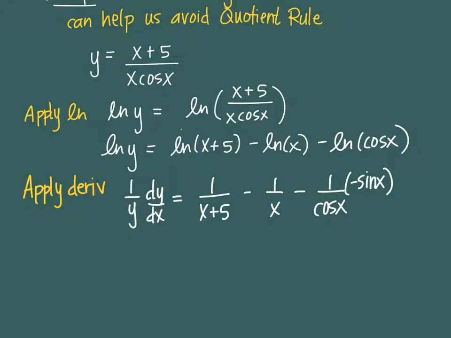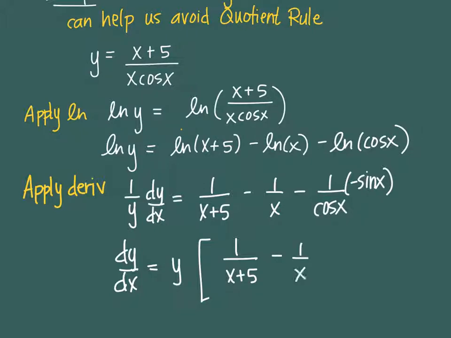So we have dy dx equals y times the quantity 1 over x plus 5 minus 1 over x plus tan x, because sine over cosine is tan x.